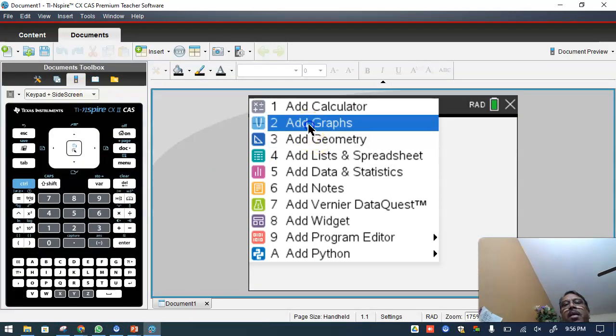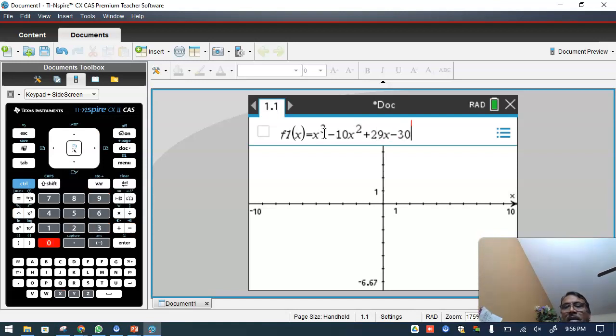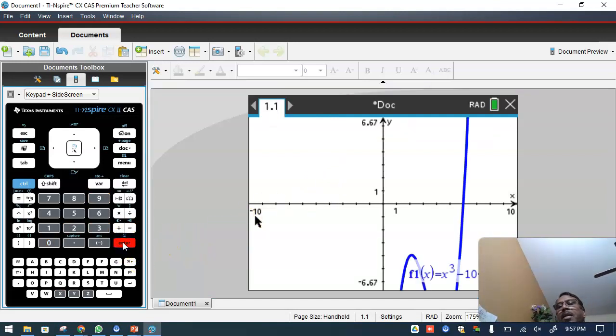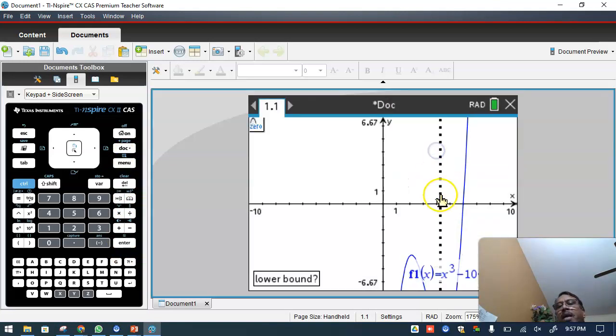So write a graph, and it is x to the power 3 minus 10x to the power 2 plus 29x and minus 30. And then enter. You can clearly see that the graph crosses the x-axis only once. So we need to know what is the zero. Use analyze graph and find the zero.